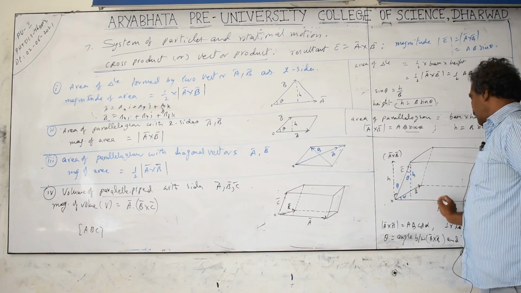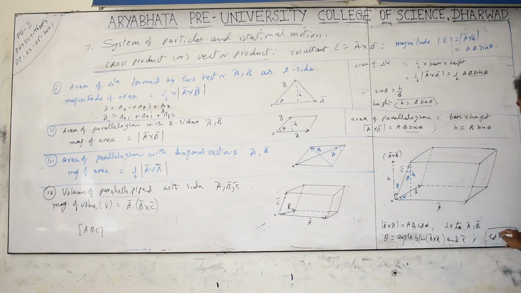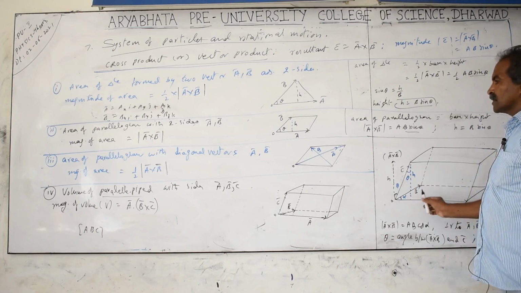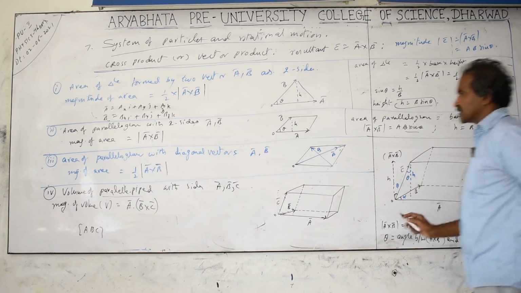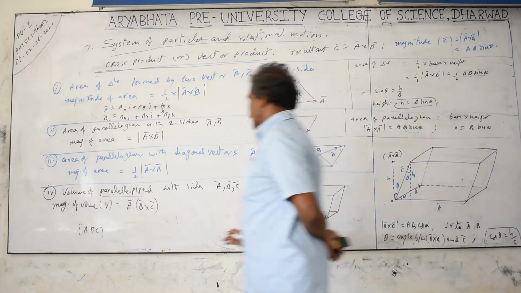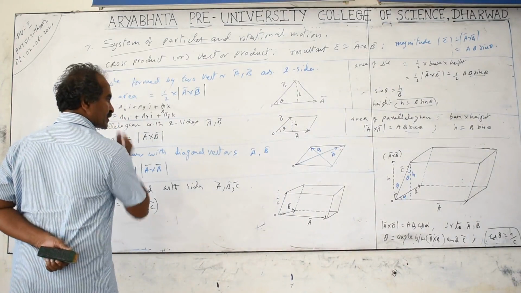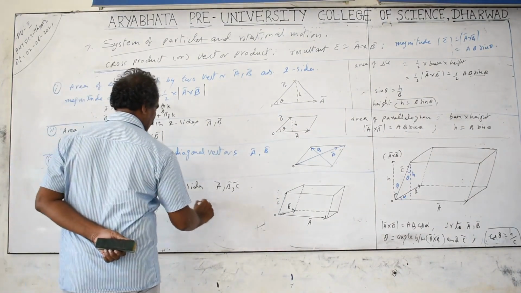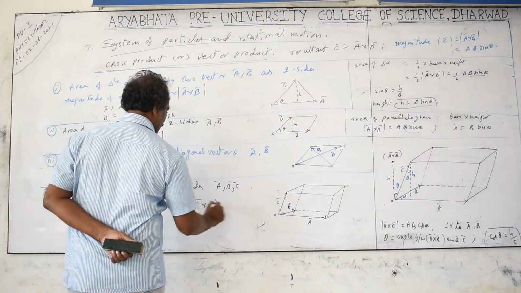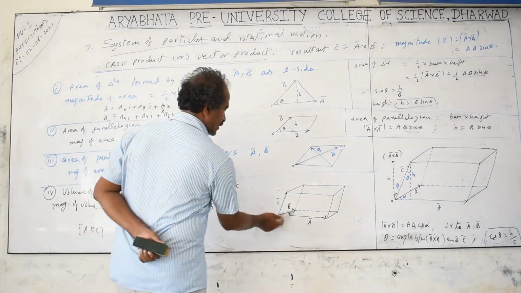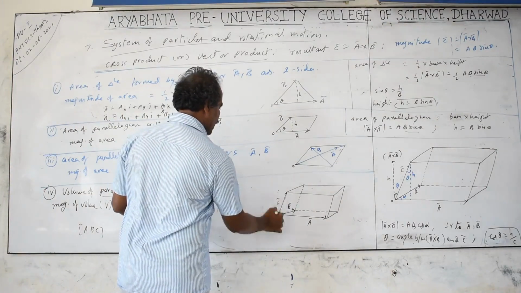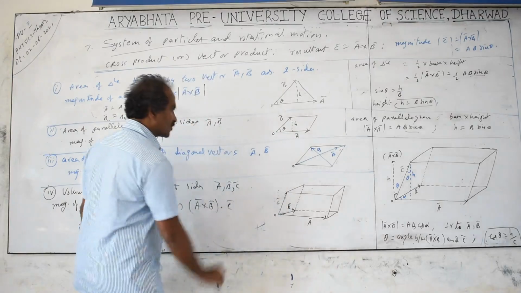A bar, B bar, C bar are the three side vectors. Cos theta equals H by C, so H equals C cos theta. So we take it as A cross B dot C. In this formula what I take is A cross B dot C. Then whatever resultant A cross B comes, dot C means the angle between these two is going to be cos theta.